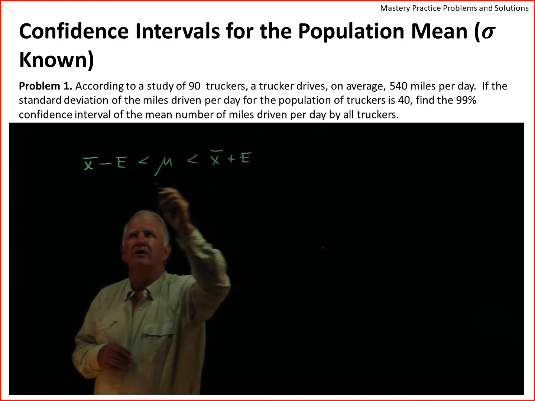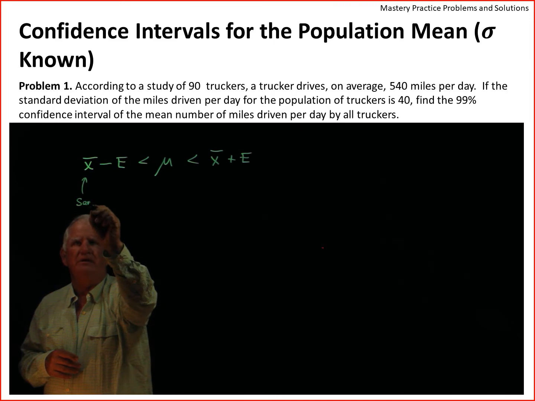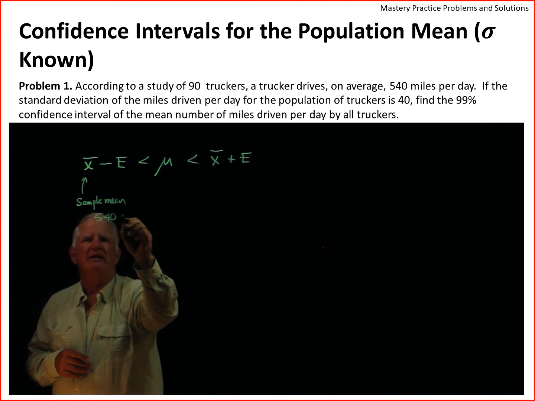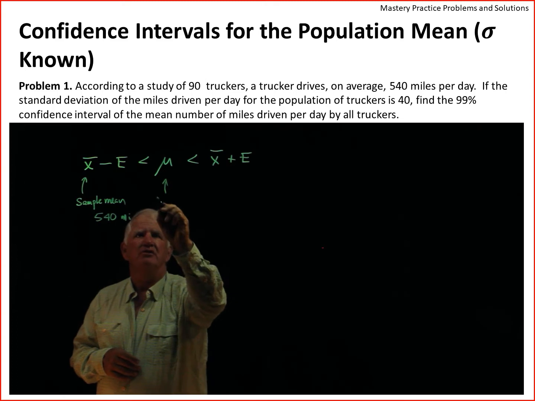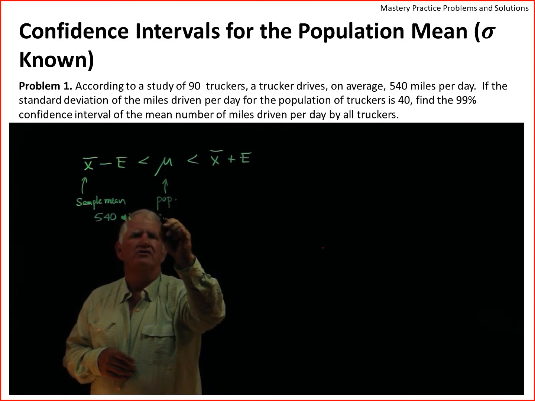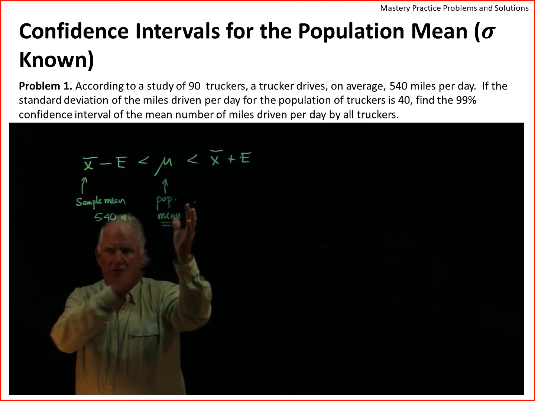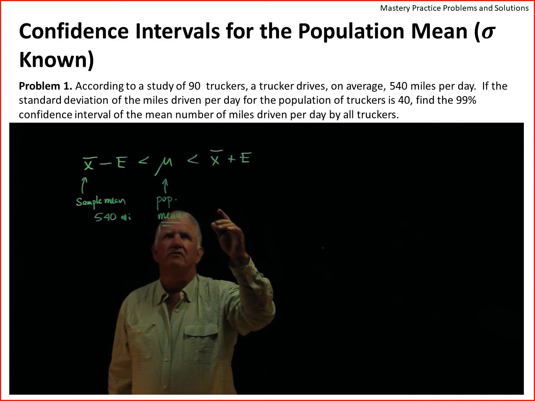What are these quantities? This is the sample mean, and we are given that that is 540 miles. This is the population mean. This is what we're after.